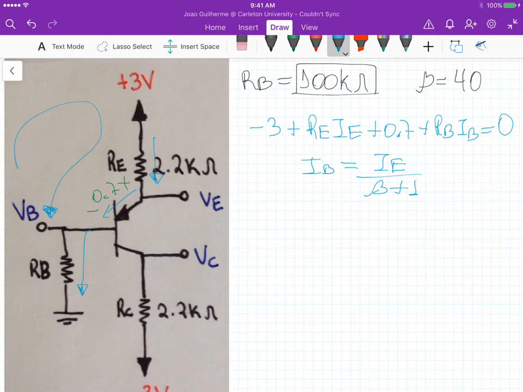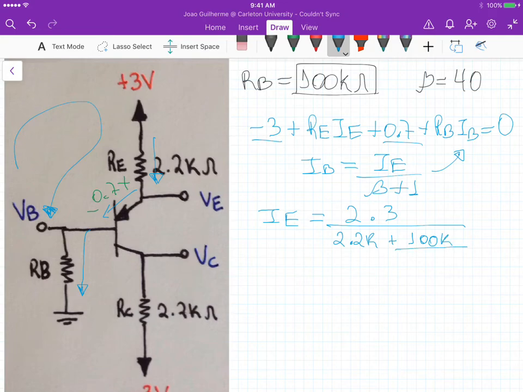Okay, so if we rearrange this equation again, if we substitute IB here using IE, we get IE equals minus 3 plus 0.7 goes to the right hand side, becomes 2.3 again, divided by the emitter resistance, so it's 2.2K, this one we didn't change, plus the base resistance, which now is 100K, divided by beta plus 1, which is 41.